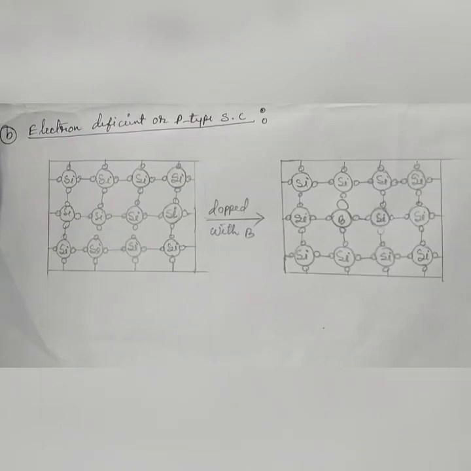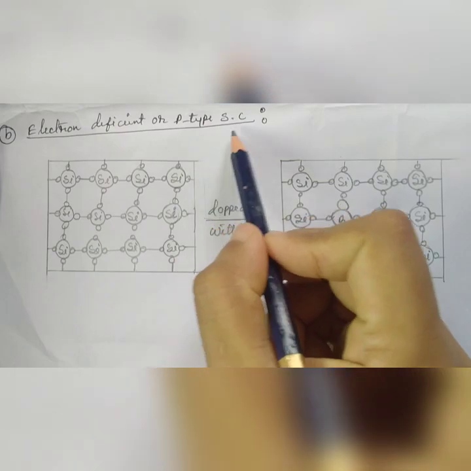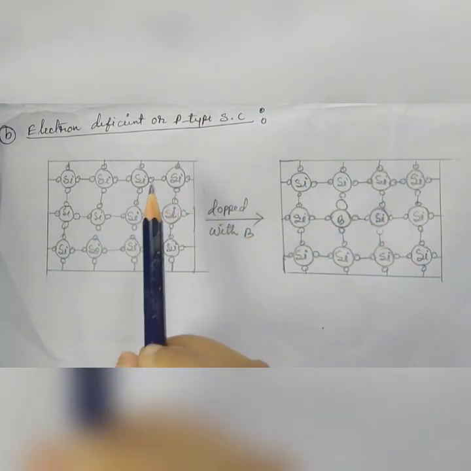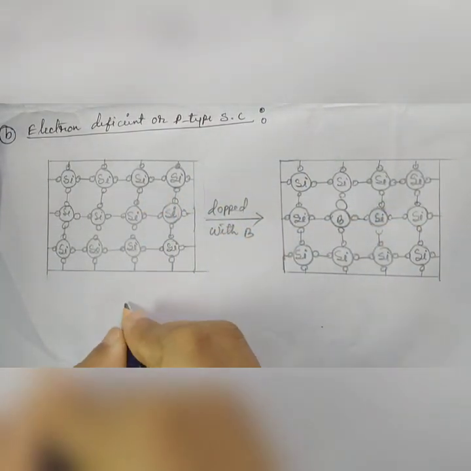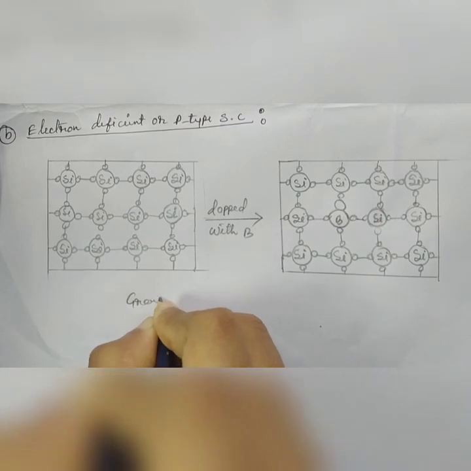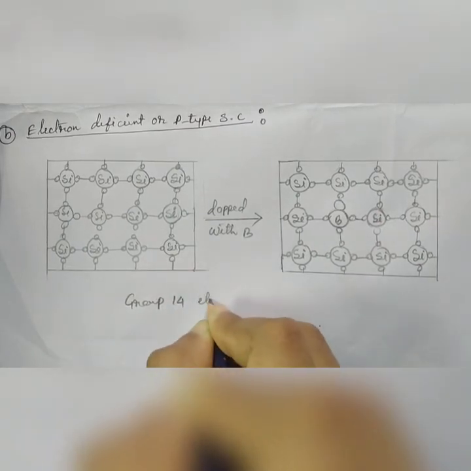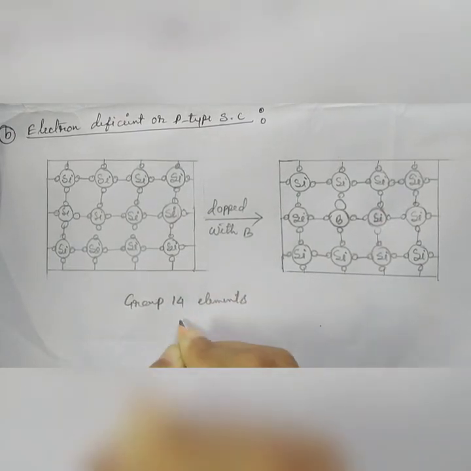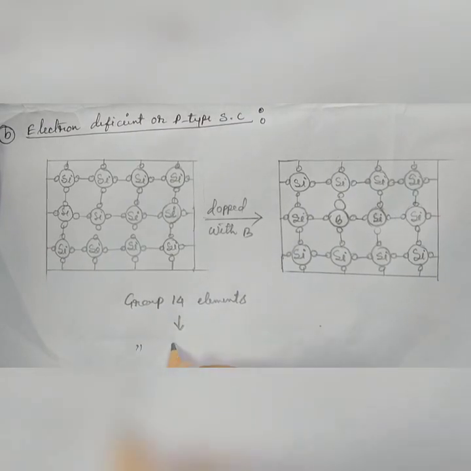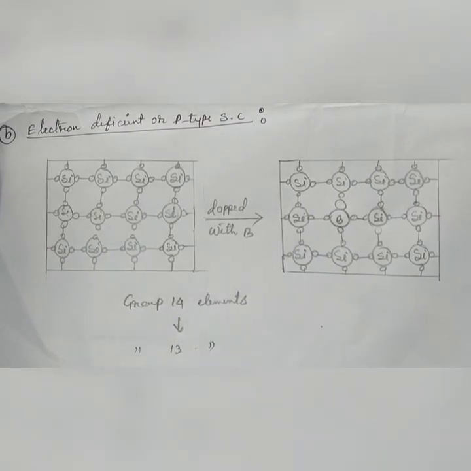Okay, the second type is the electron deficient or p-type semiconductor. In a p-type semiconductor, group 14 elements are doped with group 13 elements.